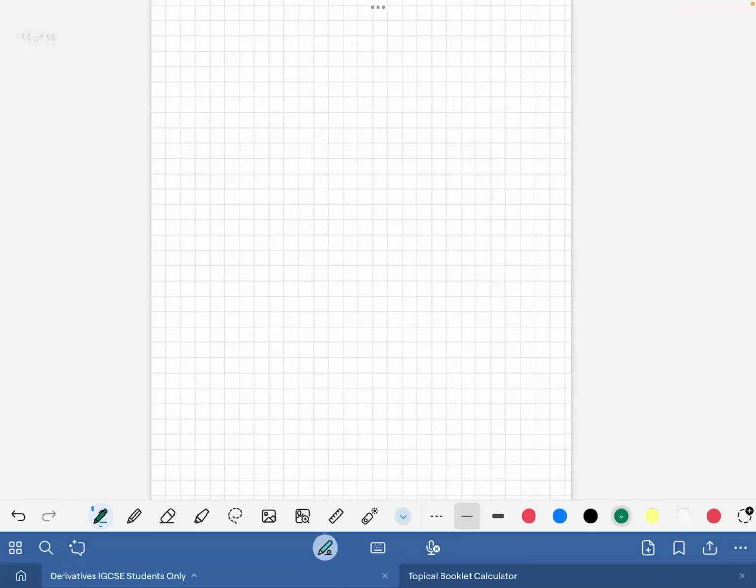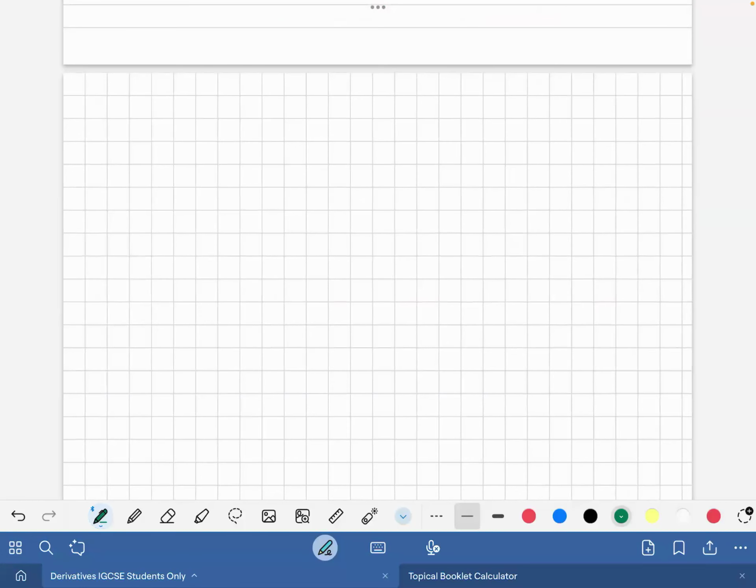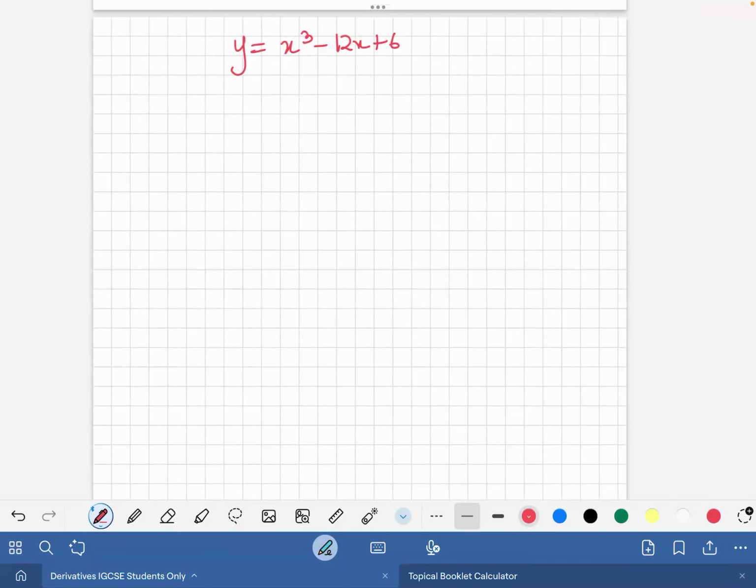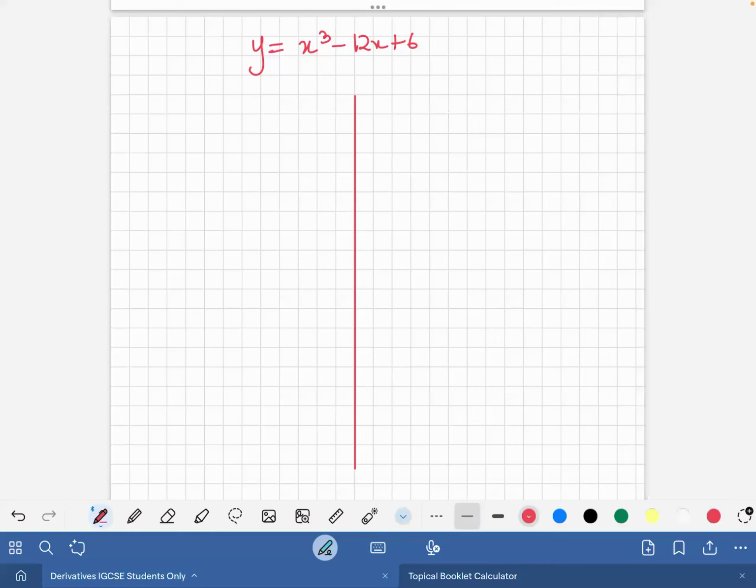Okay. Now there is a question here. Let's say y equals x cube minus 12x plus 6. Now, Avinash, we know that the graph will be x and y. Agree or not? Yes, sir. We studied this in the graph of function chapter, that this is a cubic curve, and cubic curves are ax cube plus bx square plus cx plus d.